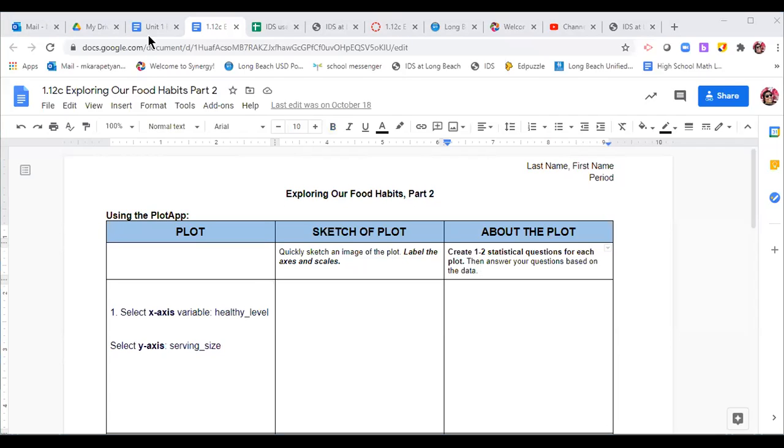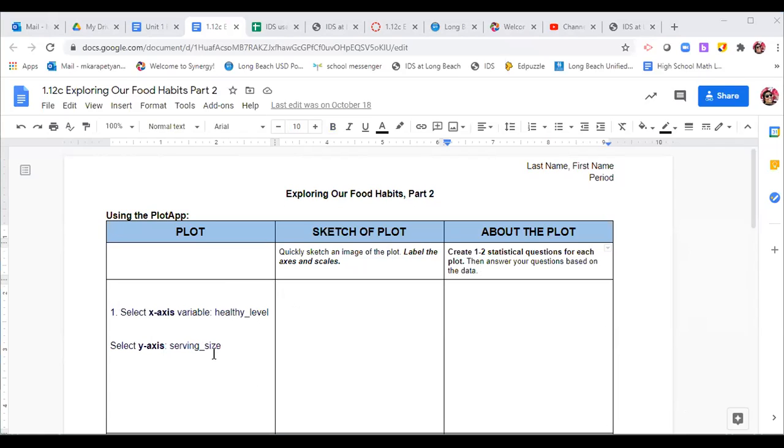So what we're looking at here is an x-axis and a y-axis, right? I have healthy level for my x-axis and serving size for my y-axis. So when we take a look at the plot here, we want to see that we're comparing the healthy level of a snack compared to how many serving sizes that someone ate of that snack.